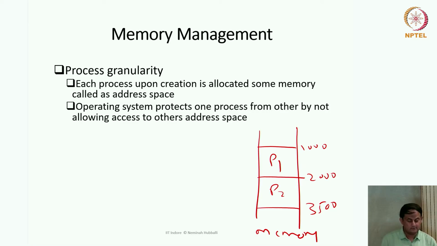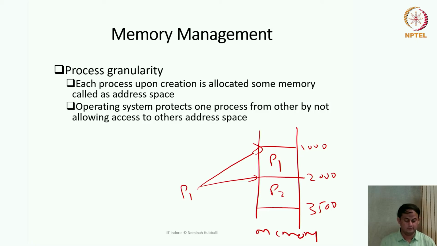Every time the process P1 makes a memory reference, the operating system checks whether the reference P1 is making is falling within the starting and the ending address of that process.